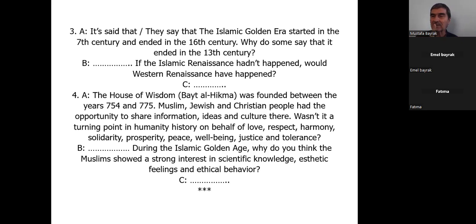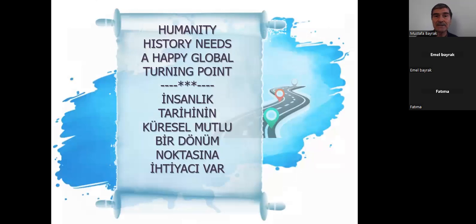Not only science, for example, but it includes science besides art, aesthetics, ethics, religion. Yes, it requires a lot of fields of life and a lot of viewpoints, a lot of perspectives. Yes, this is our motto. Humanity's story needs a happy global turning point. Okay.